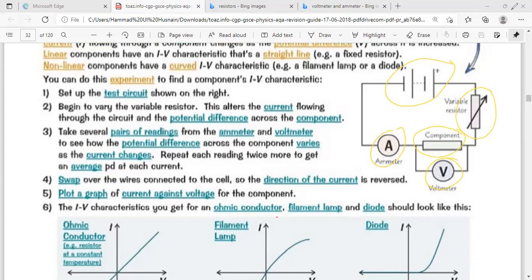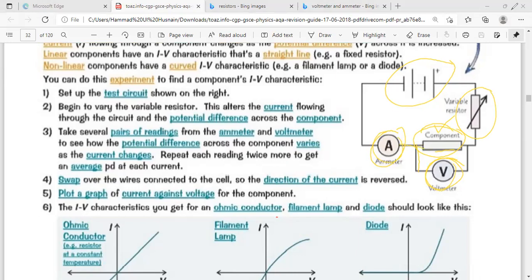Now you need to focus on one thing. You can see that this is the component across which we want to find the voltage and current. You can see that the voltmeter is connected in parallel to this component. Have you seen it? And the ammeter is connected to this component in series.